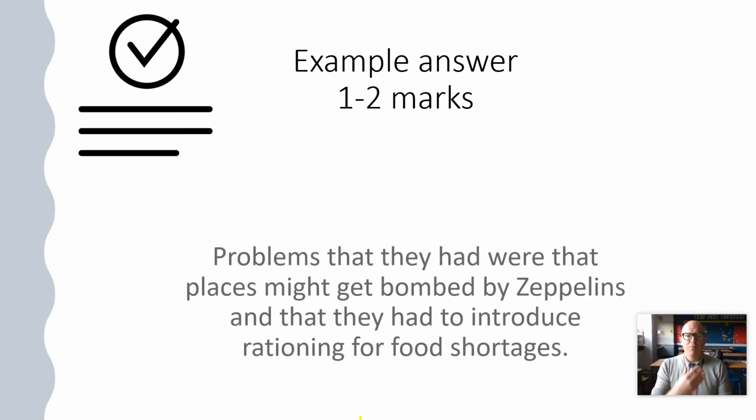Problems that they had were that places might get bombed by Zeppelins and that they had to introduce rationing for food shortages. You can see I've got 2 on here. There's your point, bombed and food shortages. And you've put a little bit of knowledge in with the Zeppelins there and a little bit of rationing in there.